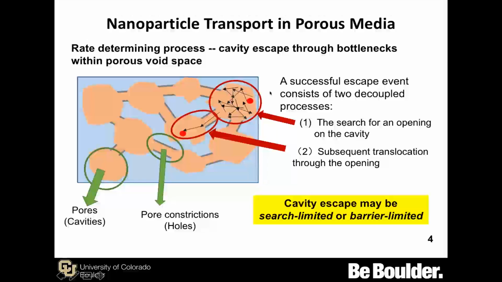Search limited is how fast it searches for the opening, and barrier limited is more about whether, once the object finds the opening, it is able to escape through this very narrow channel. If there is a potential energy, it may make it very difficult to translocate.